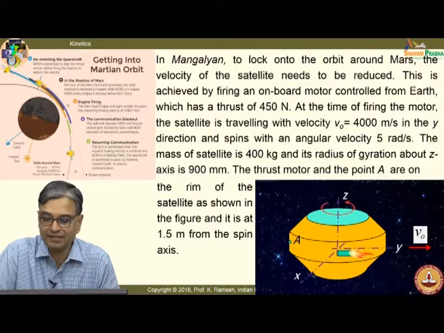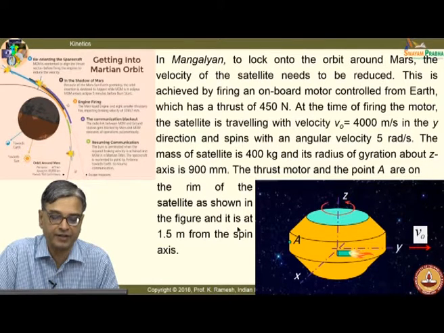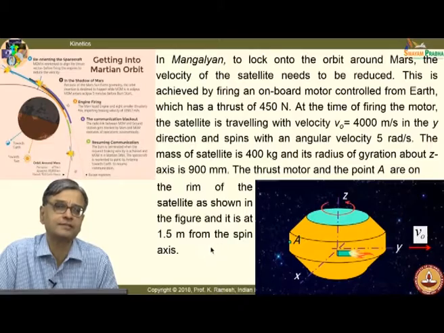I have axes XYZ attached to the satellite, and you are also shown a point A which needs to be looked at. The thrust motor and the point A are on the rim of the satellite as shown in the figure, at 1.5 meters from the spin axis. So, you are given all the particulars.